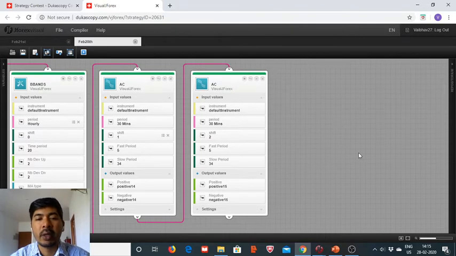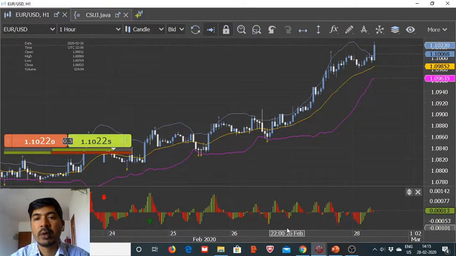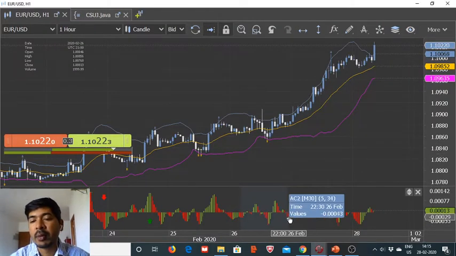So here shift 1 and shift 2 means that on chart we will be utilizing the prior values of the AC indicators, acceleration deceleration oscillators.